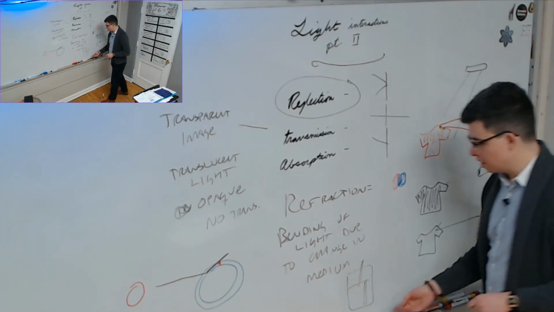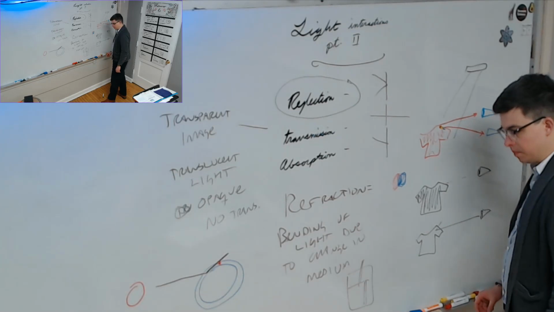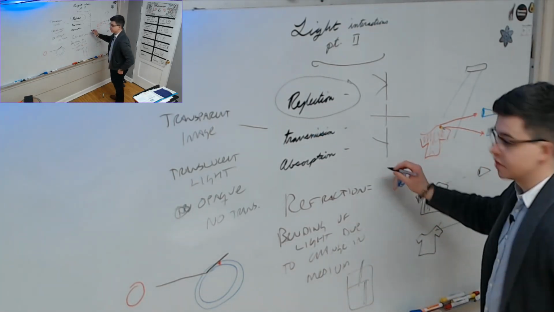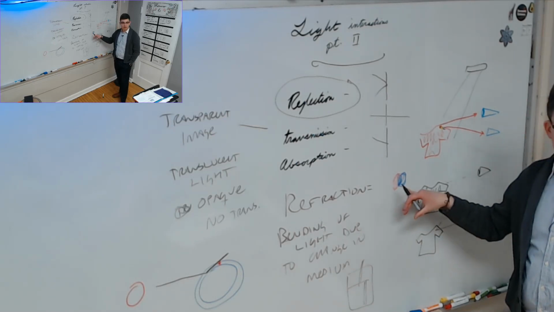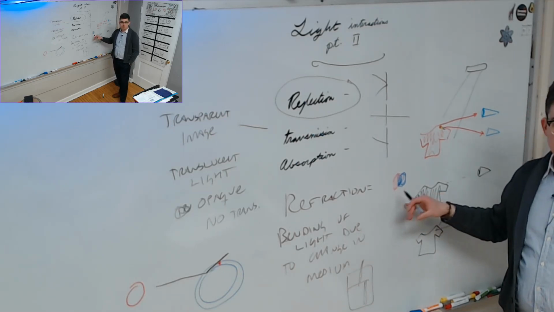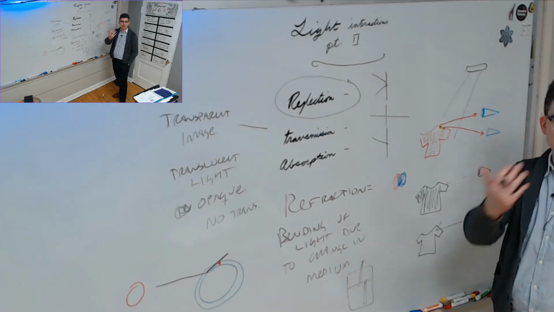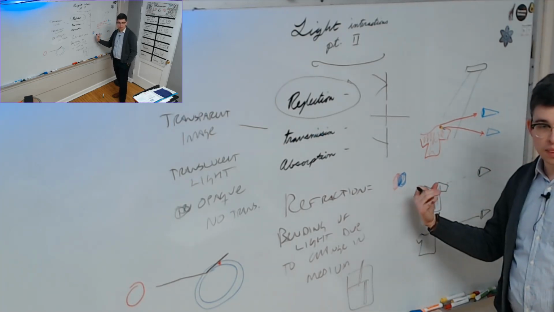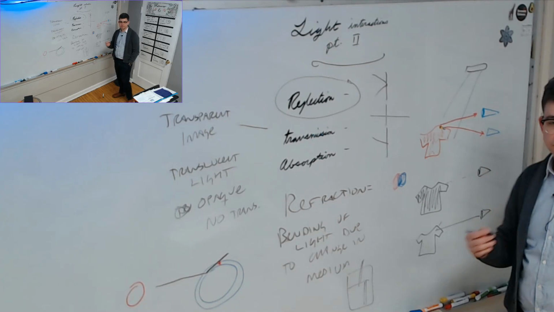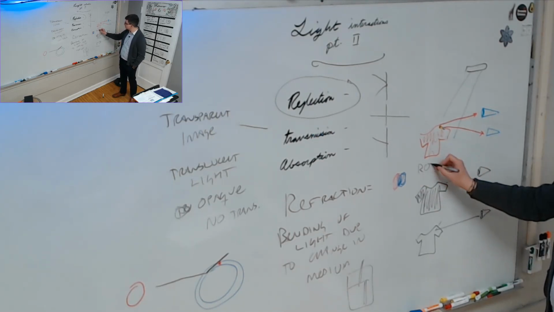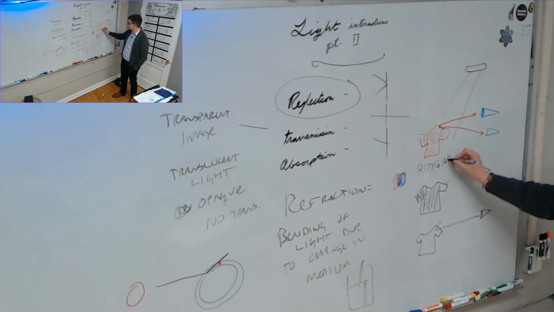Let's think about what colors of light were in the blue. So how does the blue pigment work? The white light is coming into the blue. And what's reflecting back? Blue. So we started with red, orange, yellow, green, blue, purple.